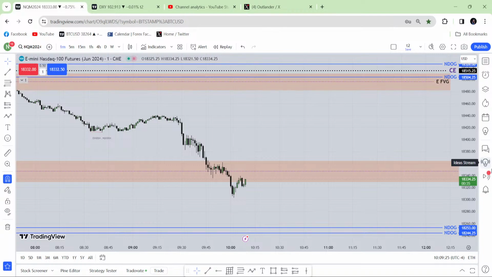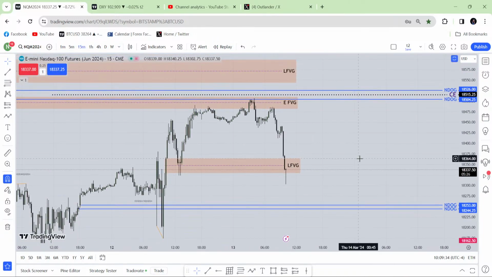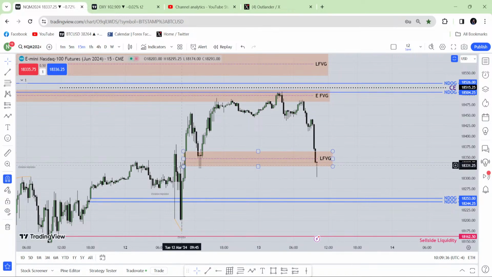I get everything. Now, which fair value gap is this on your chart? Just go to your 15-minute chart. I have only the 15-minute fair value gap, nothing else over here. Yesterday it worked. I marked this one more time. This can be the reaction from the last fair value gap on the 15-minute chart.